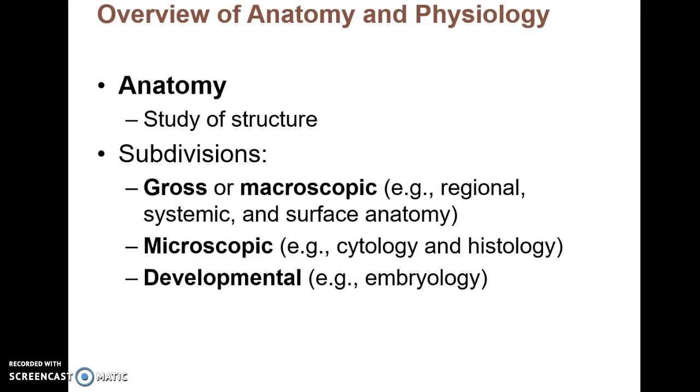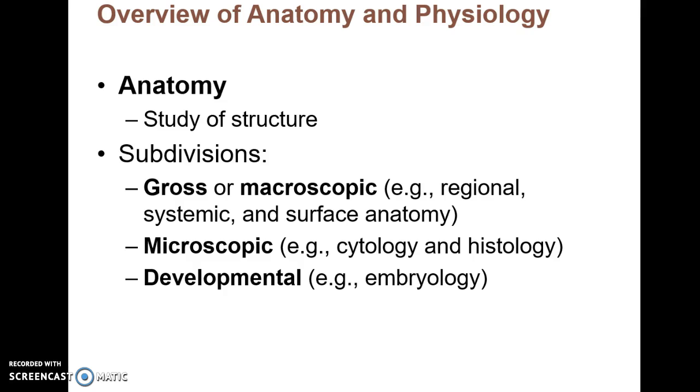Another subdivision of gross anatomy would be systemic. The body structure is studied system by system in the systemic anatomy course. When the cardiovascular system is studied, for example, you would examine the heart and the blood vessels of the entire body.